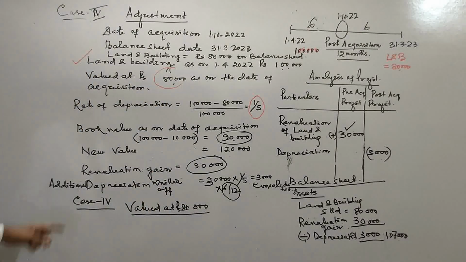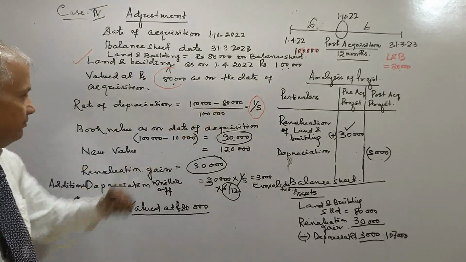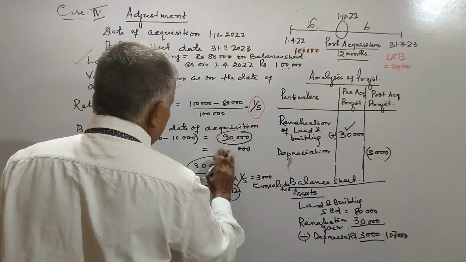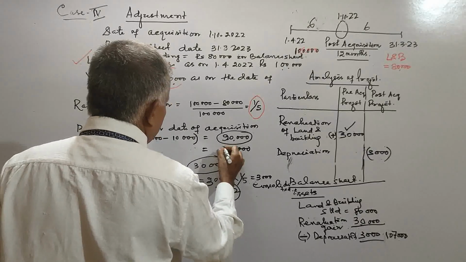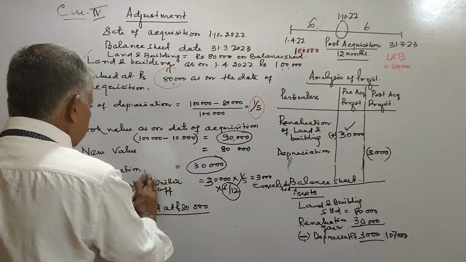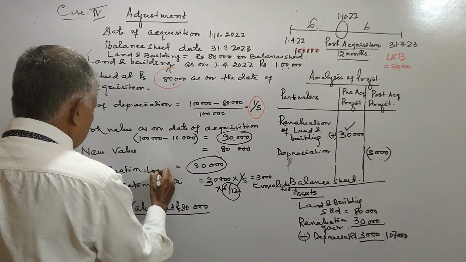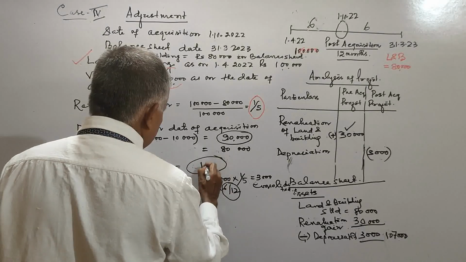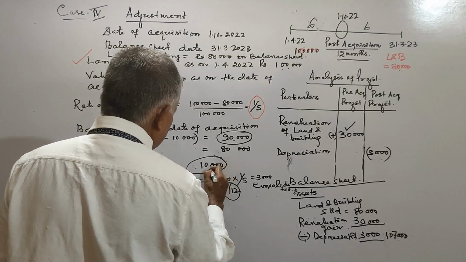Now the rate of depreciation remains same. Book value is 90,000, new value is 80,000. Now there is a revaluation loss, and this revaluation loss is 10,000, right?